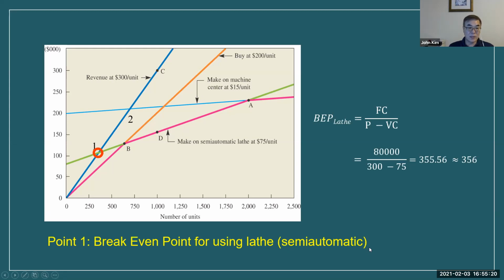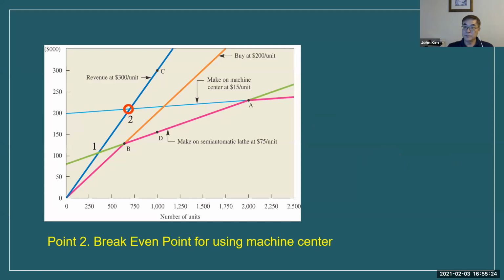Can I go to the next slide? Okay. And then point 2, third option, fixed cost is 200.